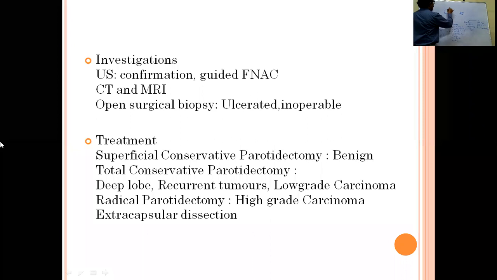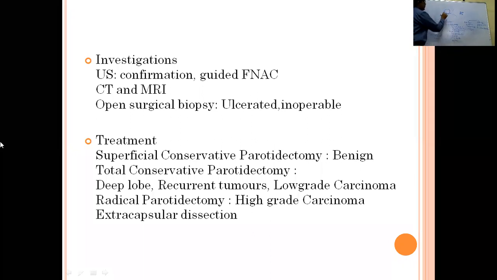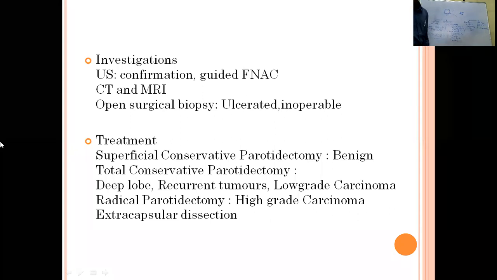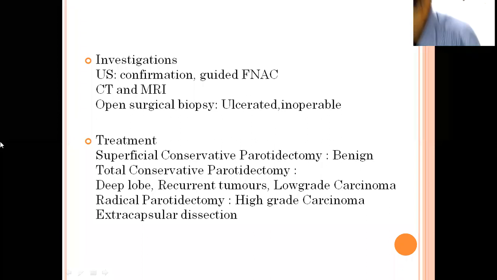The malignant tumor is like this. This is the superficial lobe, this is the deep lobe, and the facial nerve is either involved or densely within the tumor, and you are unable to separate it. Then you have to do an en bloc resection. That is called radical parotidectomy.